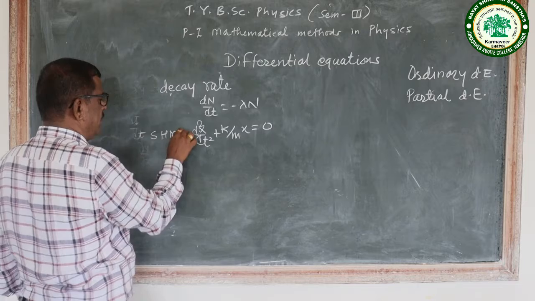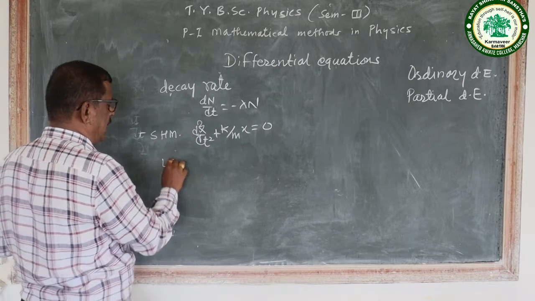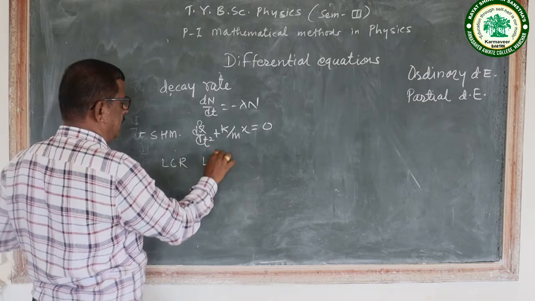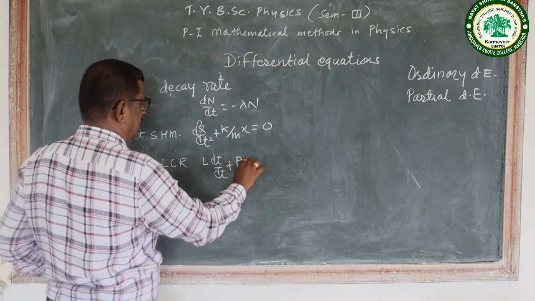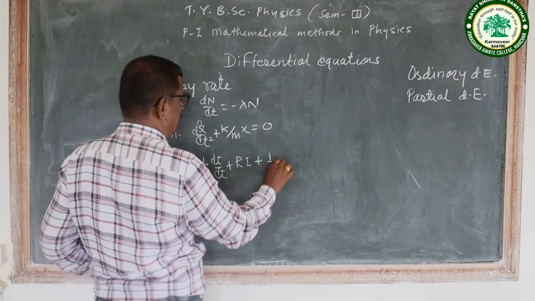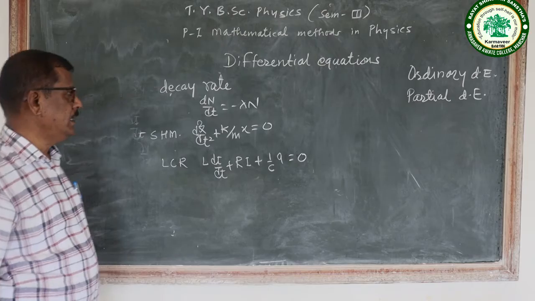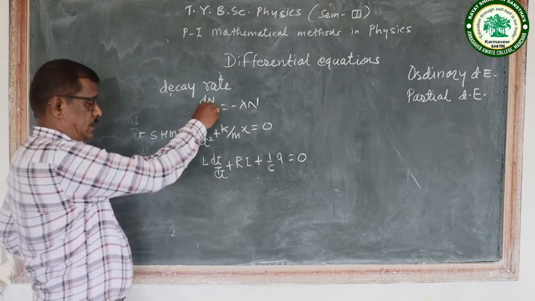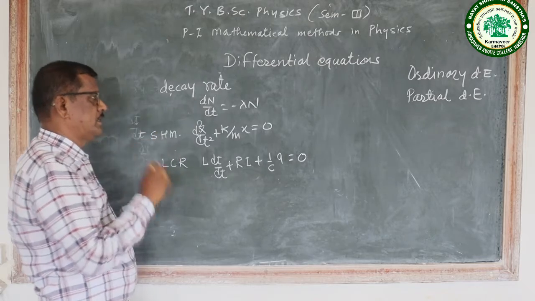This is the equation of SHM. See the equation of LCR, that is L di by dt plus R i plus 1 by c into q equal to 0. See, these are the three differential equations which occur in physics.